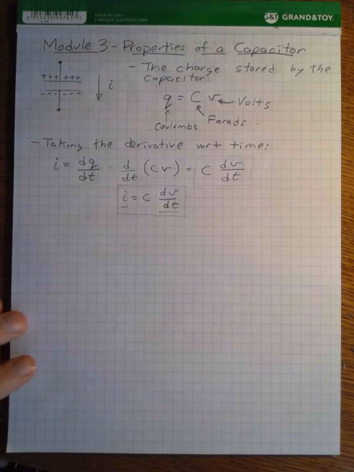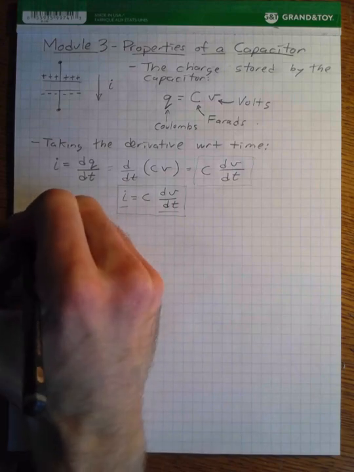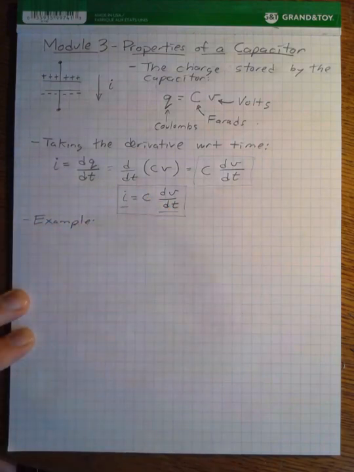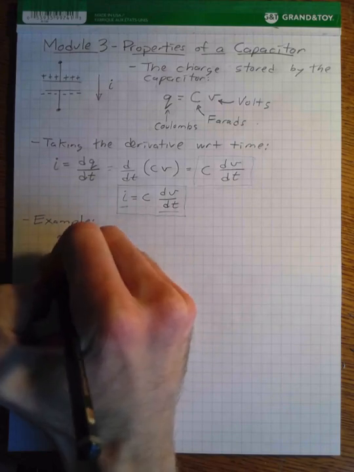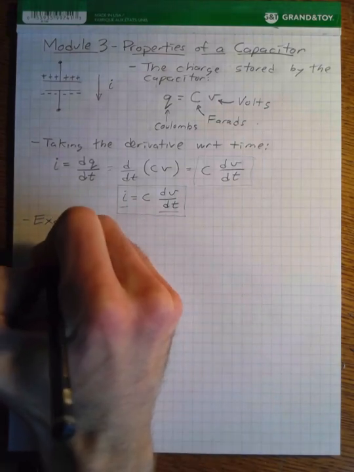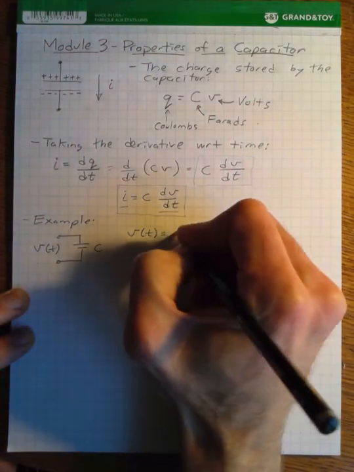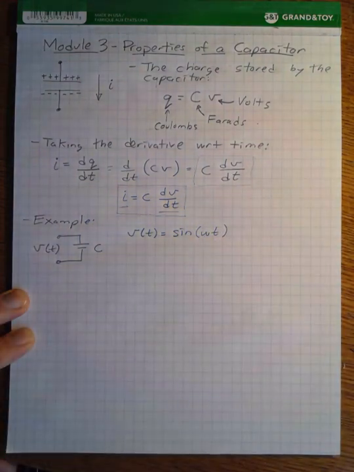There's a classic example that you would probably have looked at in your first circuits course, and that's what happens when you put a sinusoidal voltage across a capacitor. Let's take this example. We've got our capacitor and some voltage, and we'll say our voltage is equal to a sinusoid, sine omega t.